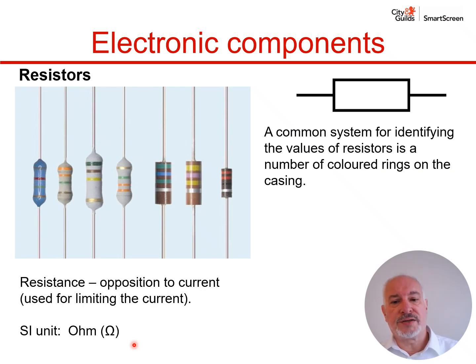And a common system for identifying the values of the resistor, how much resistance it provides, is this system of these coloured rings on the casing. And we're going to look at a table now that gives us a breakdown of what the individual coloured rings mean in terms of the value of resistance.